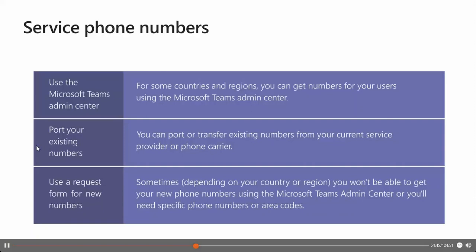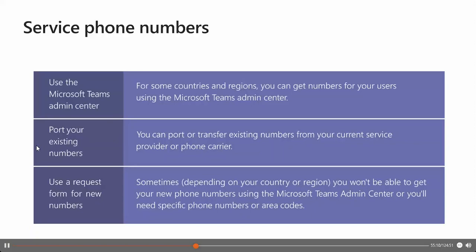Obviously, before we come to the service phone numbers, we also need to discuss briefly which PSTN connectivity solutions are in the game. We have the calling plan, which establishes and receives calls directly through the Office 365 phone system, and direct routing, which connects your current on-premises PBX infrastructure with the Office 365 phone system.